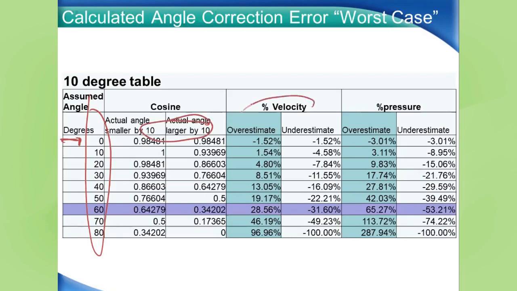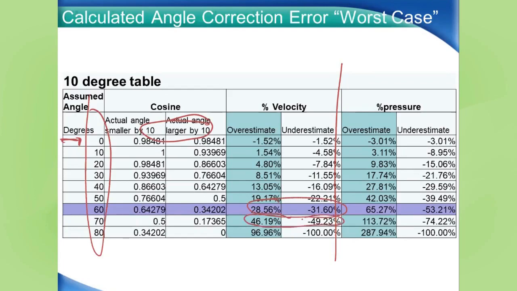And this tells me how much my velocity is over or underestimated by being off by those 10 degrees. Let's just look at that for a moment, and we'll ignore this pressure side of the table for a second. What we can see is that at 60 degrees, being off by plus or minus 10 degrees gives us an error of about plus or minus 30%. By the time we hit 70 degrees, we're off by almost 50%.